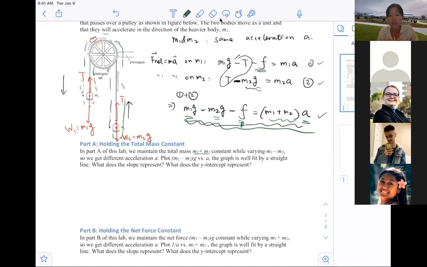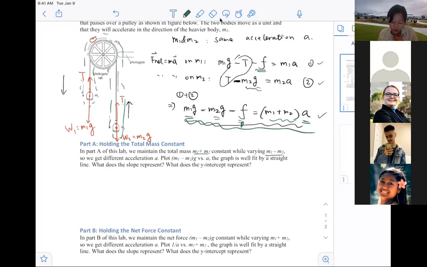Let's say, for example, we keep it at 500 grams. However, we are changing mass 1 minus mass 2. So let's say you have 300 more grams on one of them than the other, and then you change it to 250, and then you change it to 200. You can keep changing the difference between them, so we get a different acceleration.